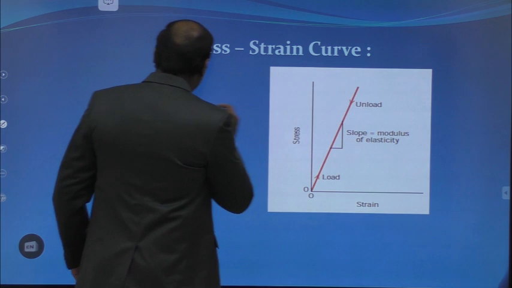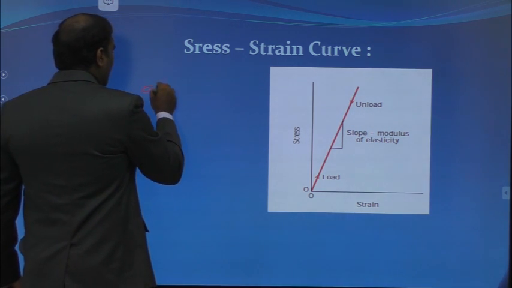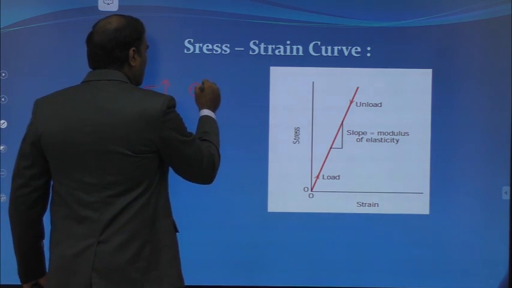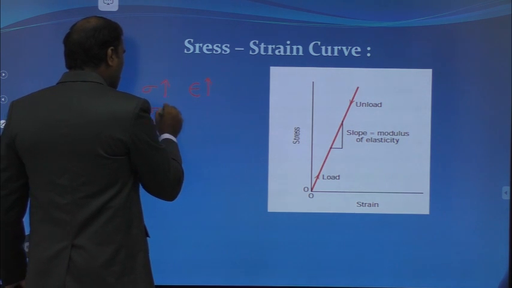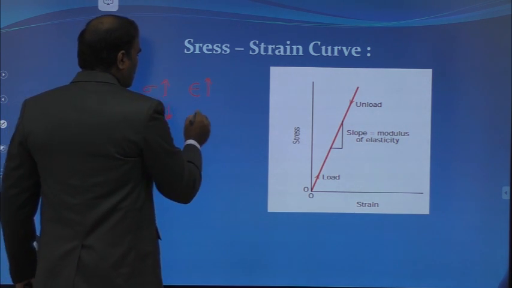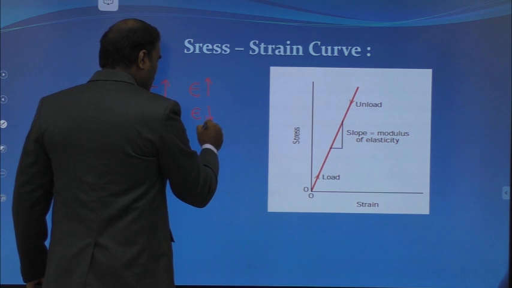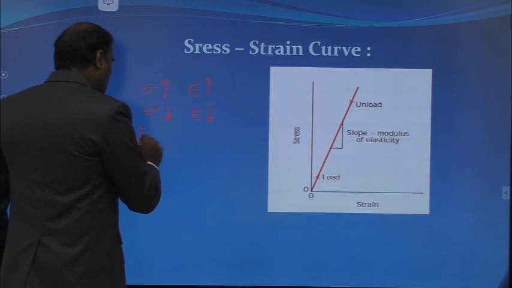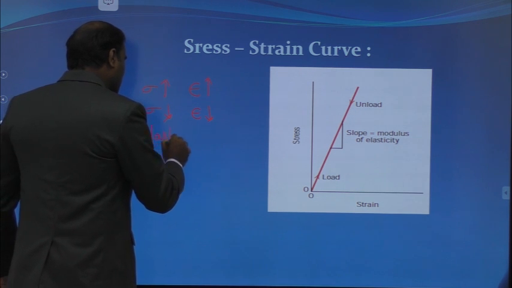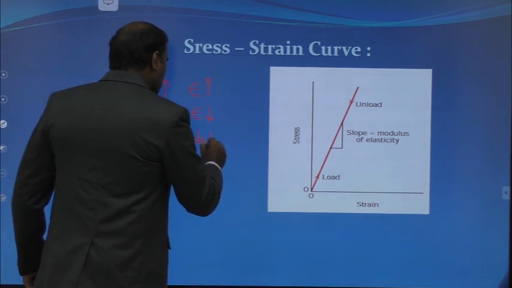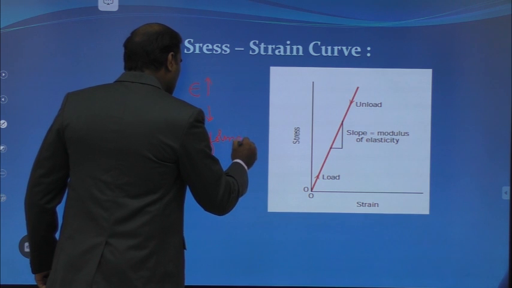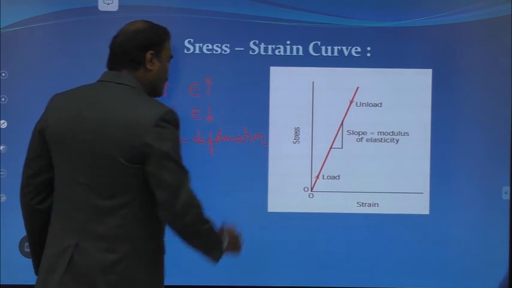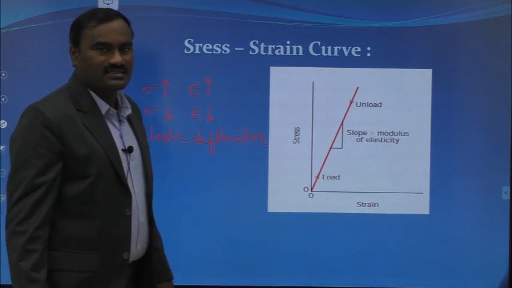That means if stress increases, then strain immediately increases. If you remove the stress, then strain will also be removed. So this type of deformation is called elastic deformation, or you can call it elasticity.